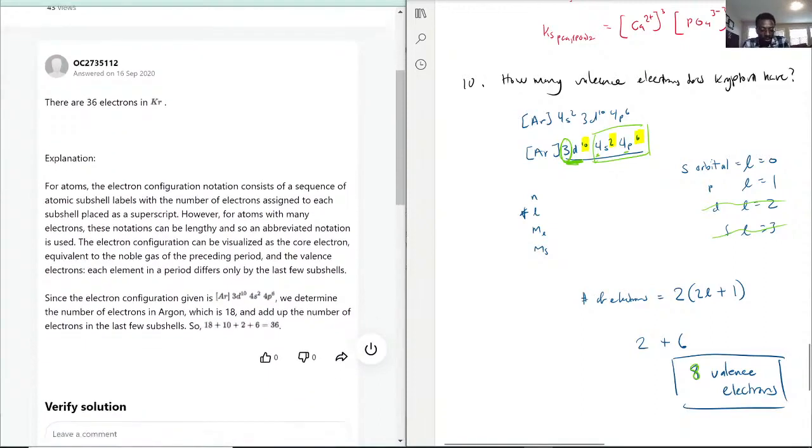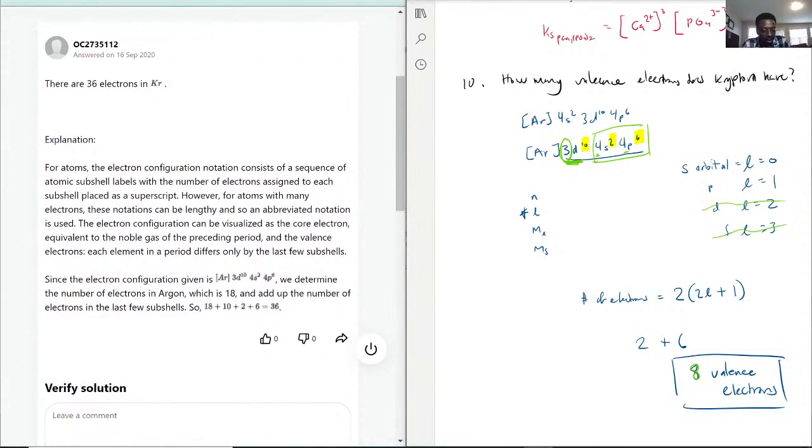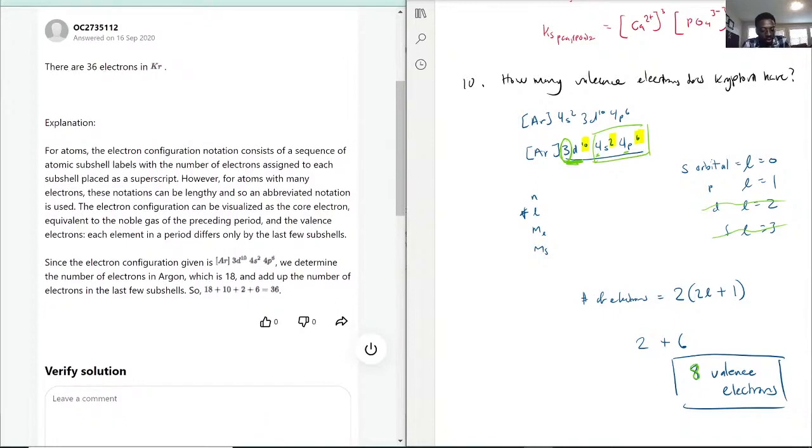Okay, let's see what they did. The electron configuration is exactly what we have, 3d10. They determine the number of electrons in argon, which is 18, added to the electrons in the last few subshells. I think they missed the point of the question.